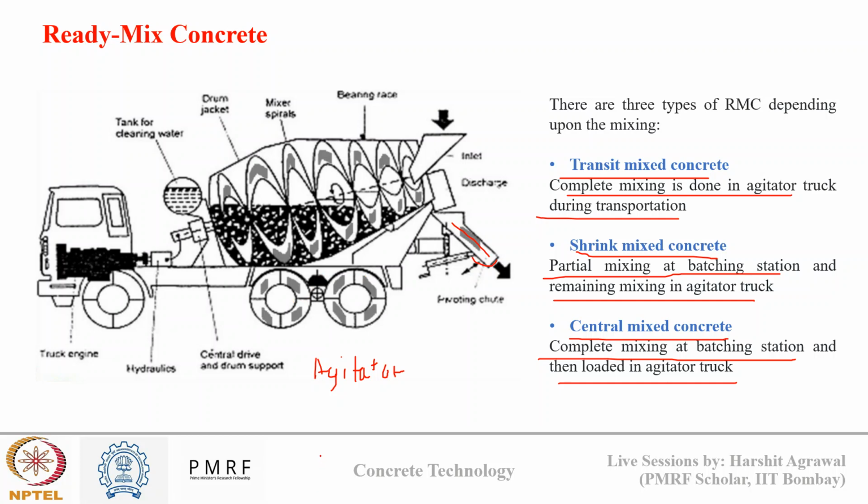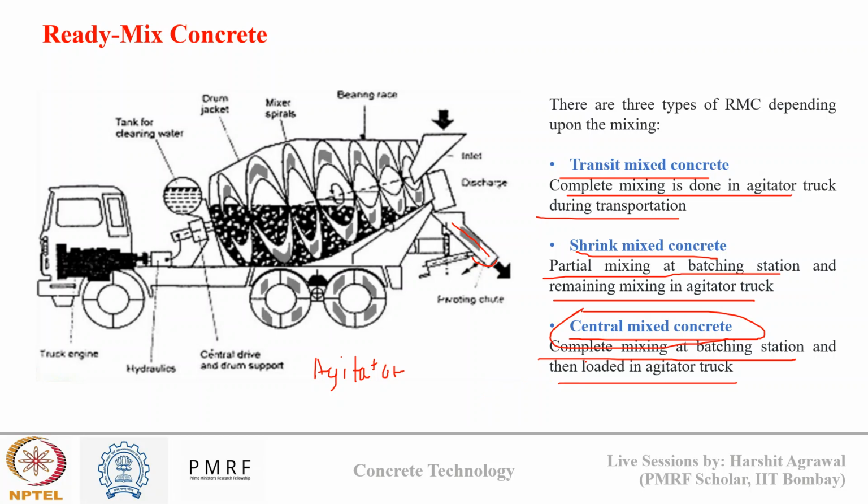And finally, we have the central mixed system, which offers high quality control. Compared to the other two, central mix offers higher quality control and consistent concrete, and it is used for large scale projects. However, for a shorter transport distance only. Why? Because my mix is already prepared and I'm just transporting.